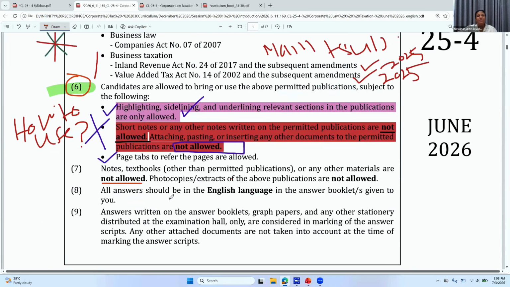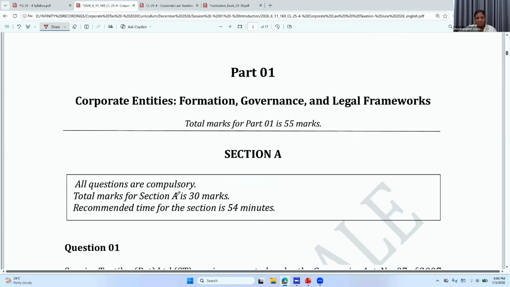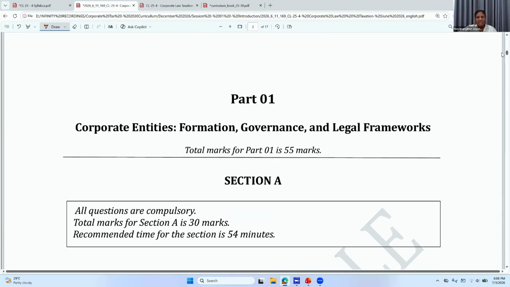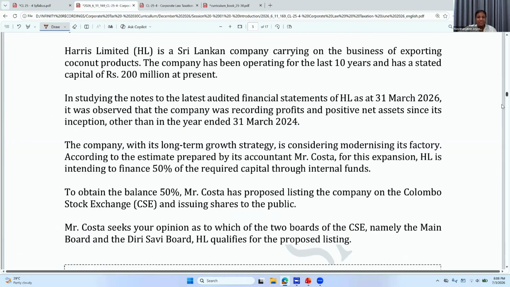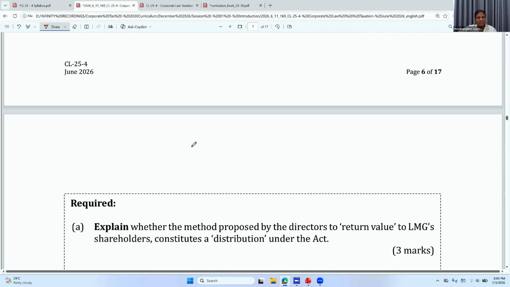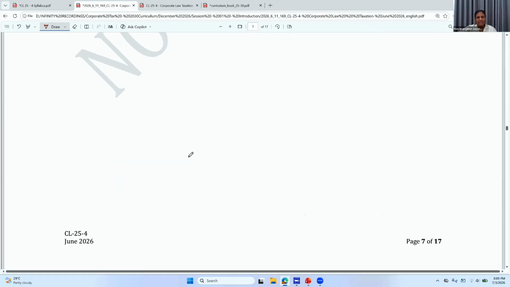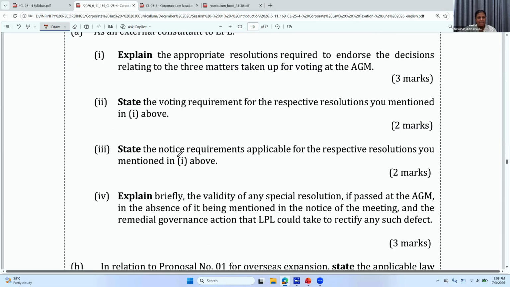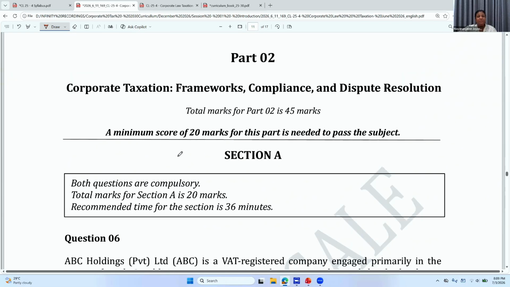Then I need to come to the paper with the aim. I'm not coming to section A, but I need to come to the tax part, which is section B. Sorry, it is section A for tax, part 2 of the paper, which belongs to taxation.